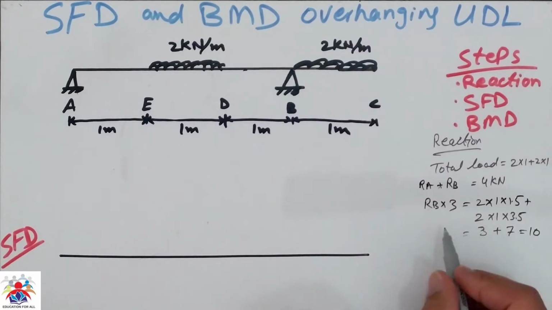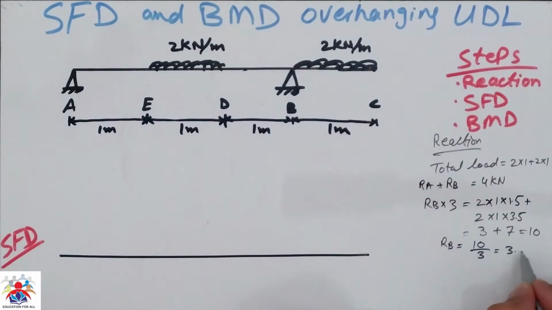So the reaction at RB is equal to 10 divided by 3, which is 3.3 kilonewton. Now the reaction at RA, which is total load minus RB. Total load we have calculated as 4 kilonewton minus 3.3, we will get 0.7 kilonewton at RA.